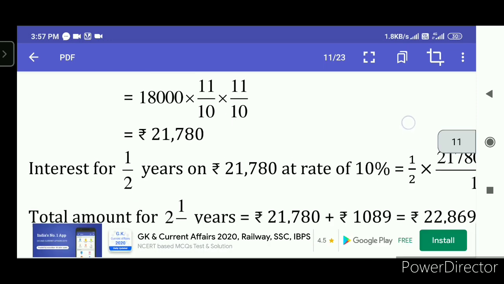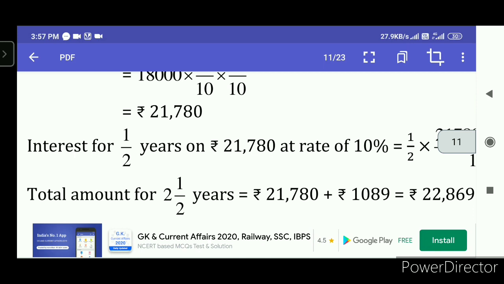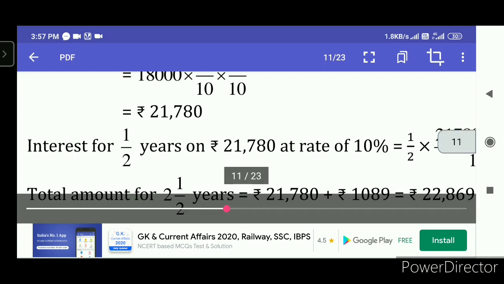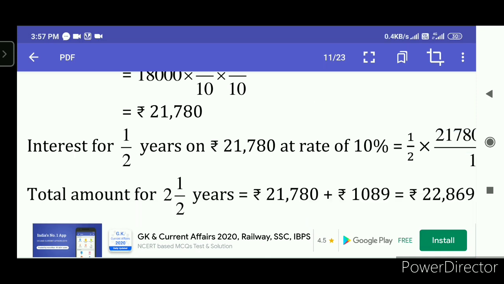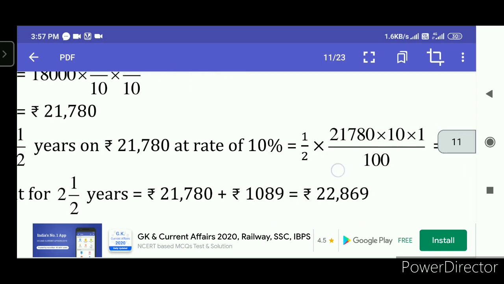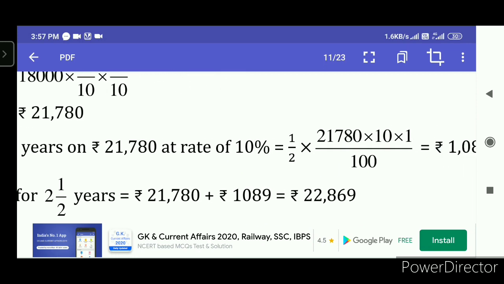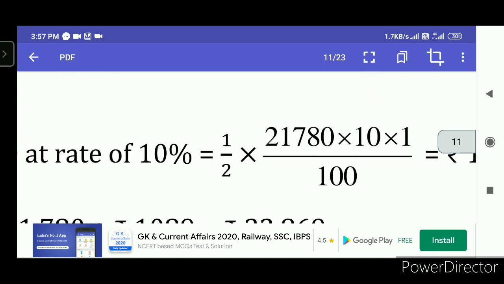Next, we will find the interest for the half year on this principal. We should use this amount as principal because we are finding the interest on the previous amount. Got it? So principal we should use 21,780. Time period is half, into the same rate of interest 10. Here half into principal into 10 into 1, 1 here is not necessary.